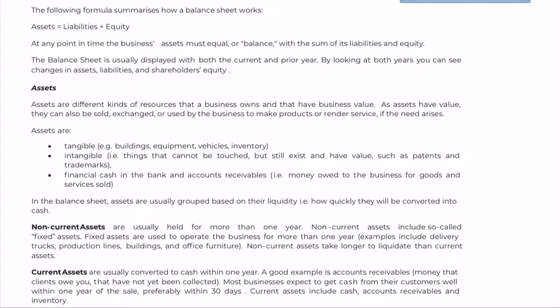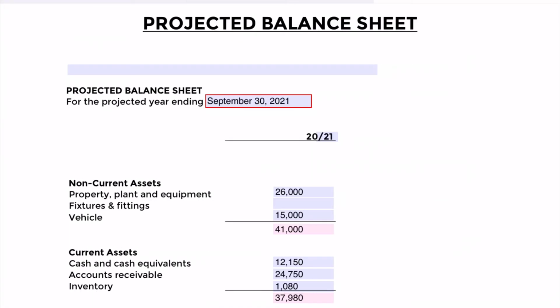For me, as you can see, I have a large figure for equipment because at that time I documented the sewing machines and sergers that I was using to make face masks, because that is the first product I started my business with. I also included a used vehicle that I had purchased, and I just used the amount I purchased it for as its value.